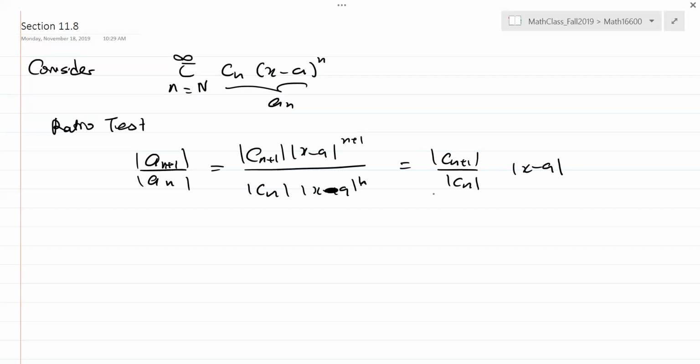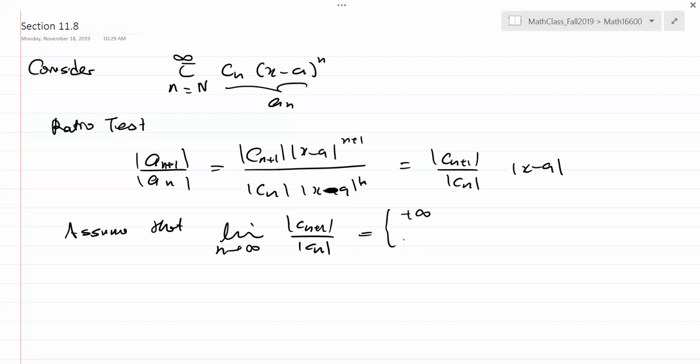So I have to assume that this limit exists. This limit exists. It could be positive infinite, or a finite number.